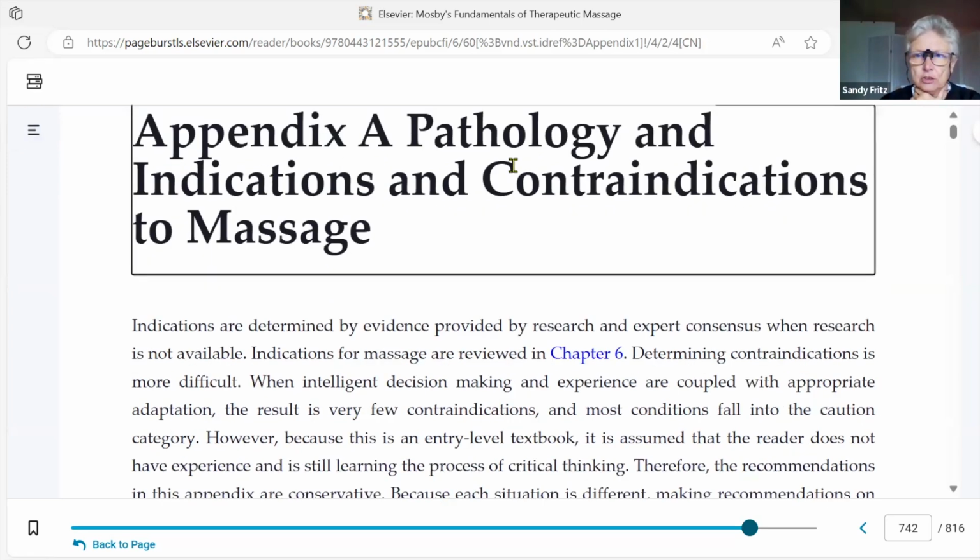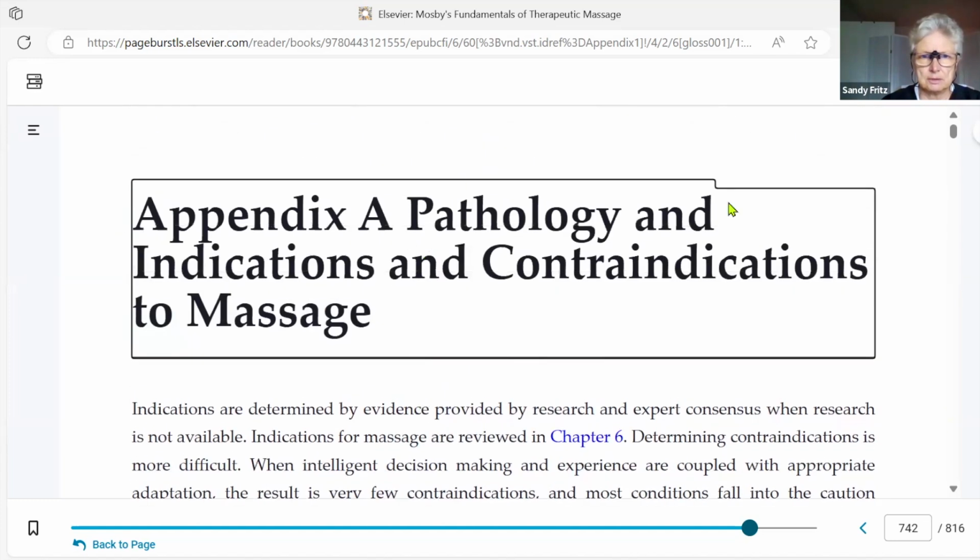This is a new addition to this textbook, and it gives you very concise information on the most common pathologies that you will need to understand as a massage therapist, and therefore tested on the MBLEX exam. So let's look at this appendix.